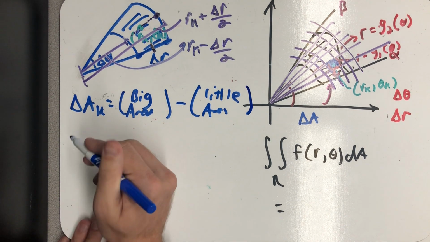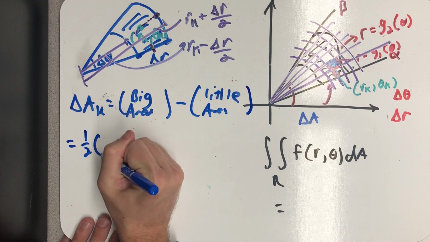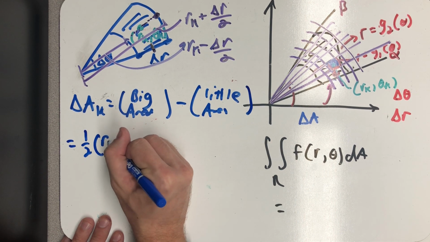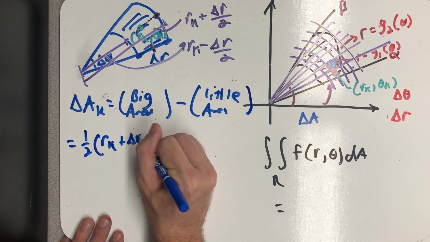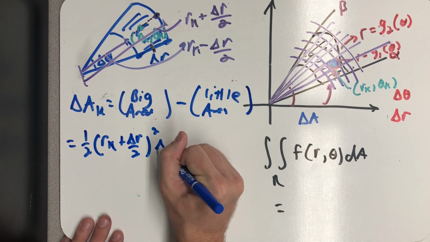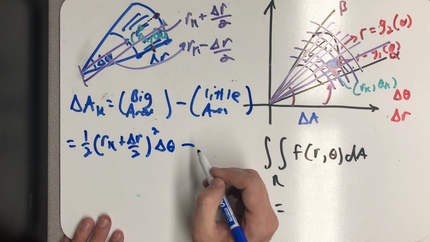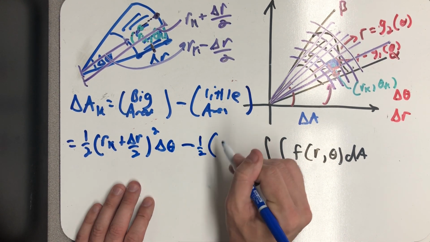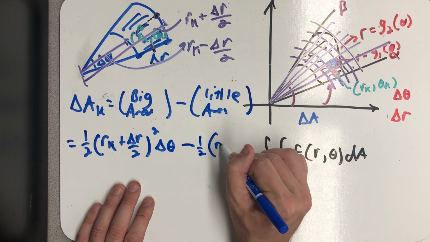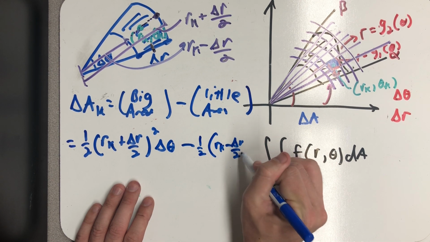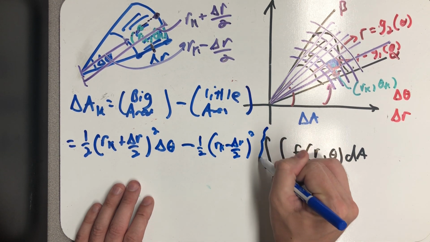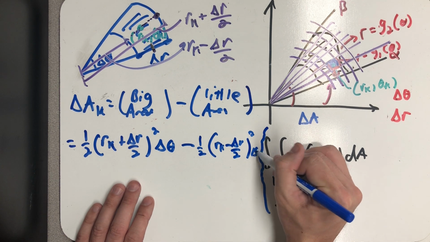All right, so the big area, 1/2 its radius squared times delta theta minus 1/2 the little radius squared, and I'm running out of room, times delta theta.